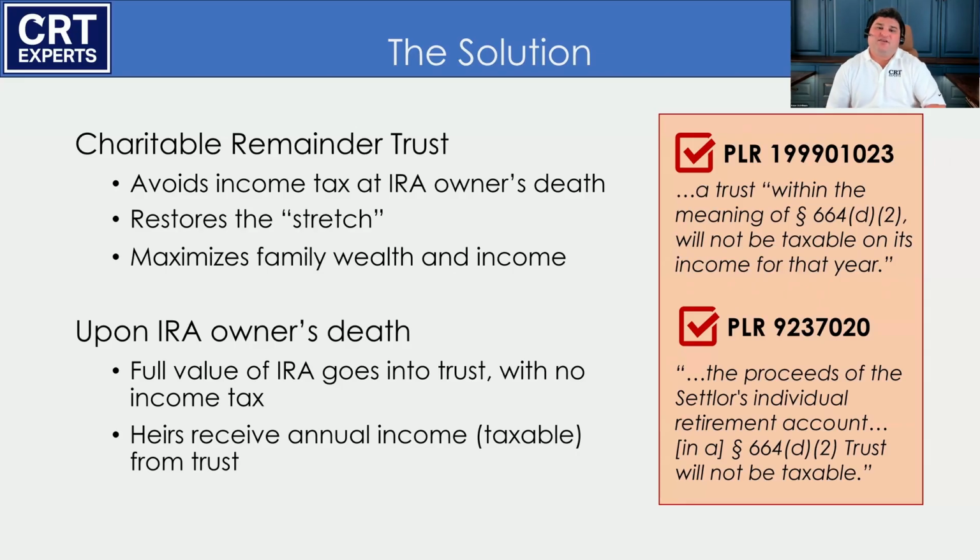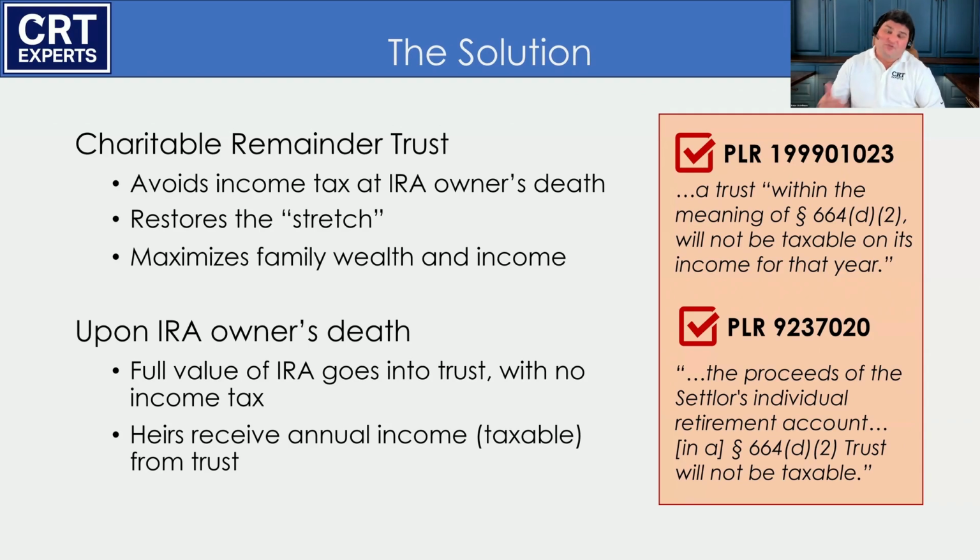So the way that the CRT distributions are taxed, they're taxed according to a 4-tier accounting structure with ordinary income on top. So any ordinary income has to be distributed first. So if we have $1 million coming in to that tier, the first $1 million of those distributions are going to be ordinary income.